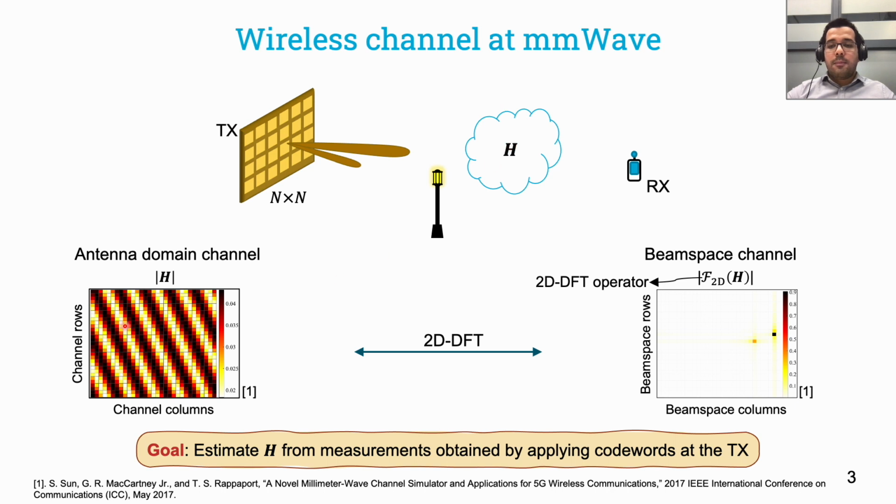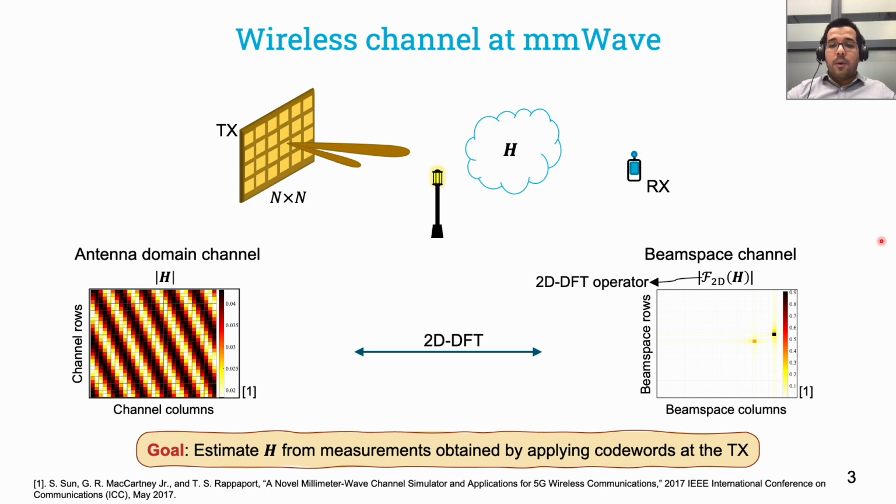One such example of a millimeter wave channel is given by this picture over here, where we just showed the magnitude. In this example, let's say the top left component of this matrix shows the strength of the received signal when only the associated antenna element, for example this one, is excited and all the other antenna elements are switched off.